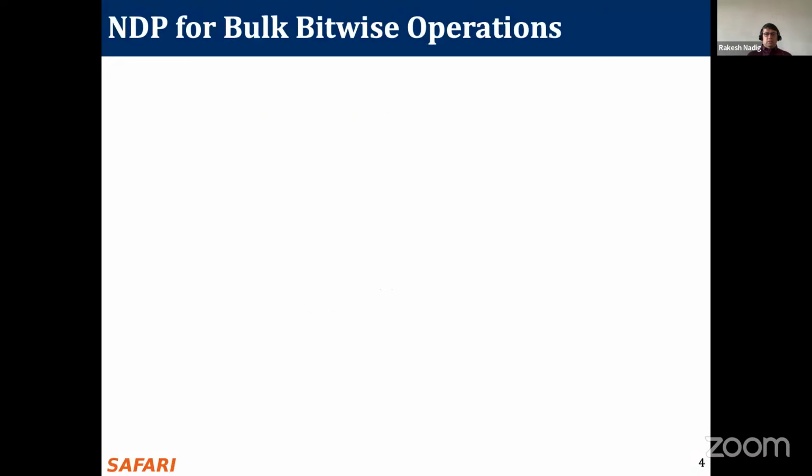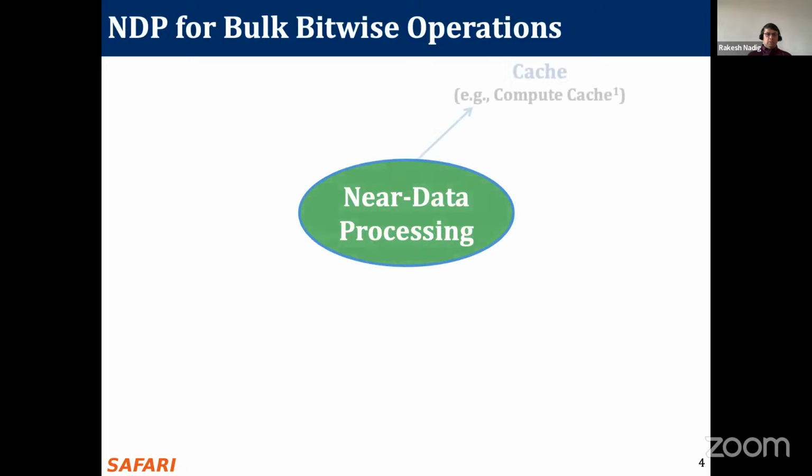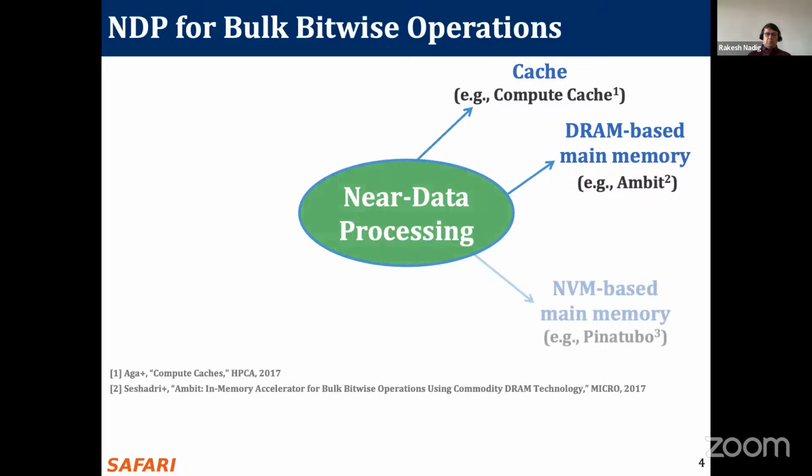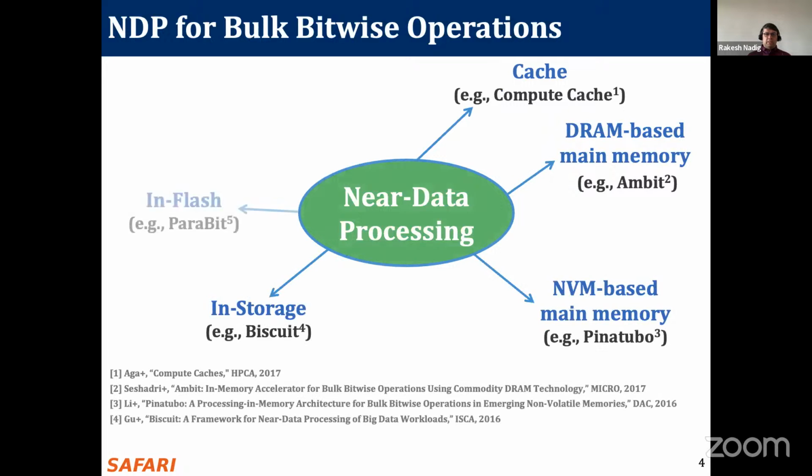So how do we improve this situation? Near data processing is a mechanism which we adopt in such cases, where we move the computation closer to where the data resides. If we look at some of the prior works in near data processing, at the cache level we have a prior work called Compute Cache.